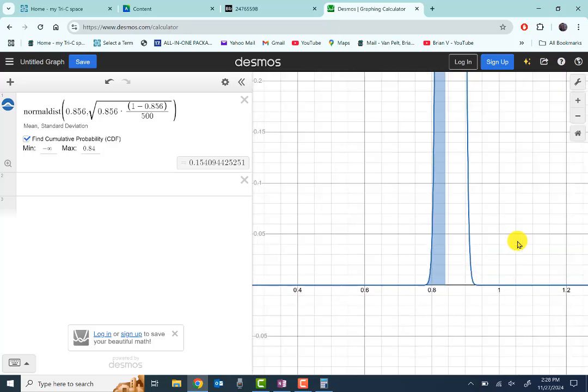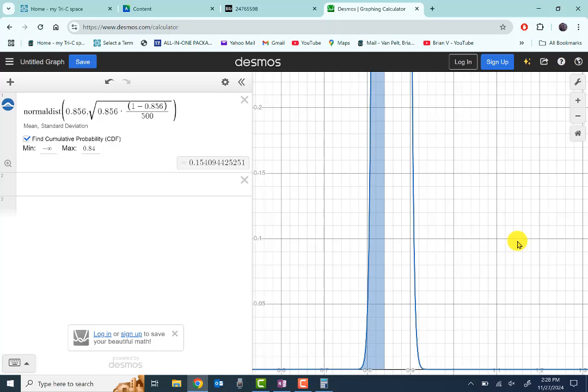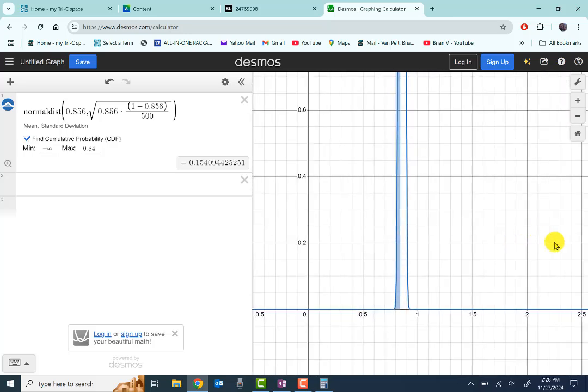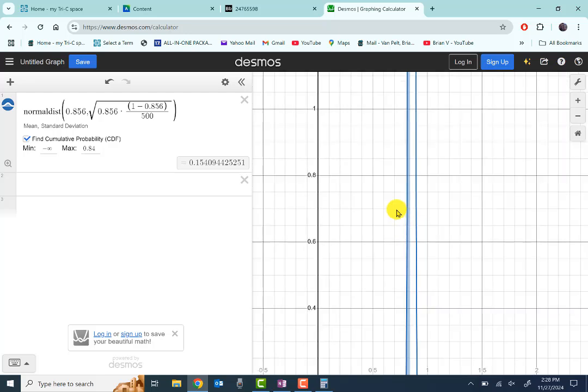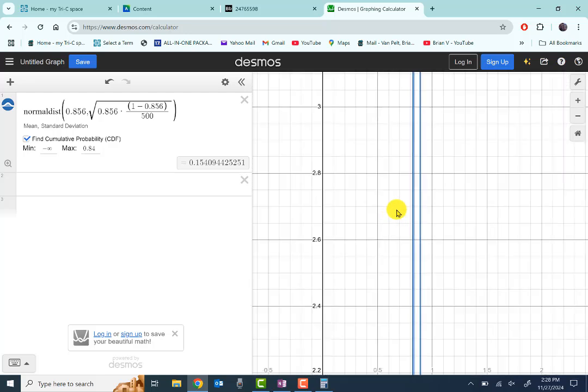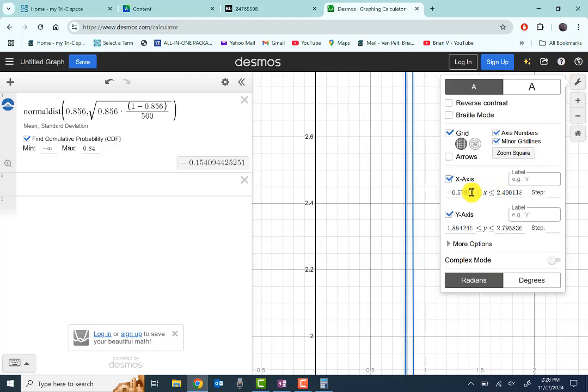Okay, here it is. I can shrink it down, I think. There we go. I'm going to actually go from 0.5 to 1. And how tall does this get? It's really up there.